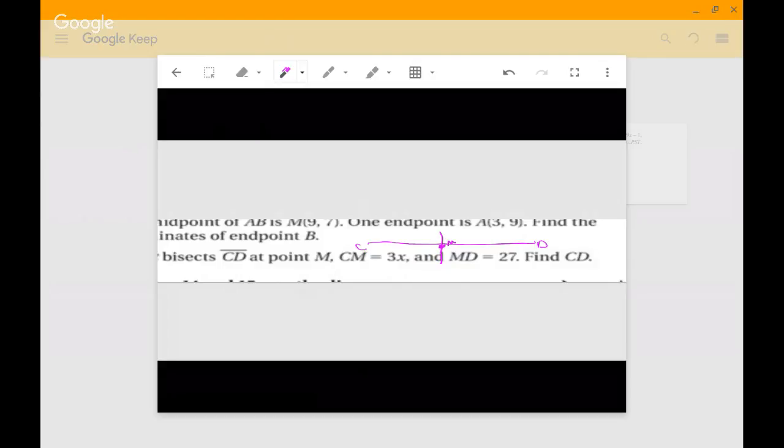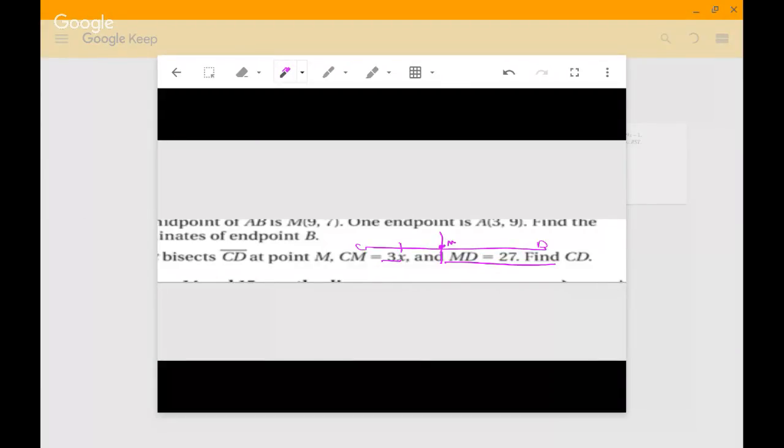Now it tells us C to M equals 3x, right? Yeah. So if CM equals 3x and MD, which is this length, equals 27, find CD, which is your whole length, okay? Okay.